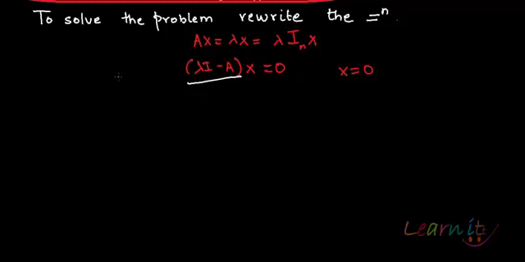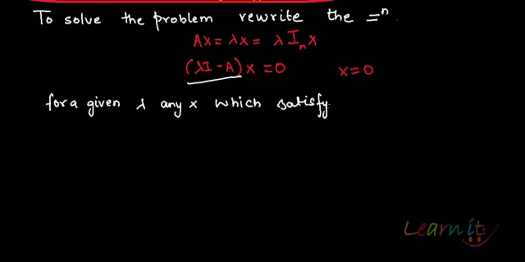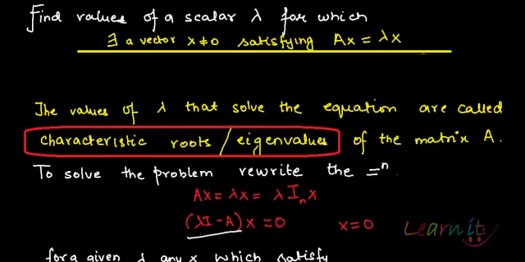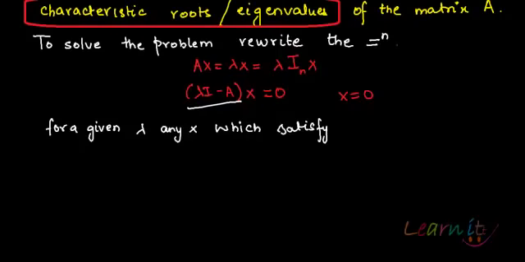This is a homogeneous set of equations, and for a given lambda, any x which satisfies the previous equation Ax equals lambda x, this is my equation number 1 and this is my equation number 2, will also satisfy 2.